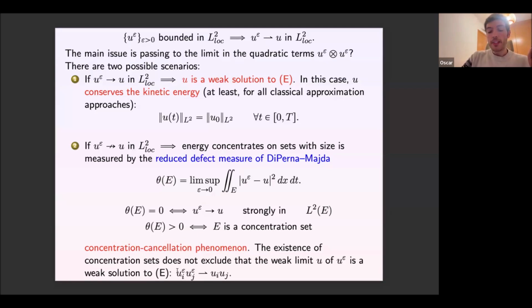Indeed, some subtle cancellations may happen working with these quadratic terms, so that despite the fact that this guy does not converge strongly to U, when you consider the product, some cancellations arise, and then eventually one is able to get this weak convergence.